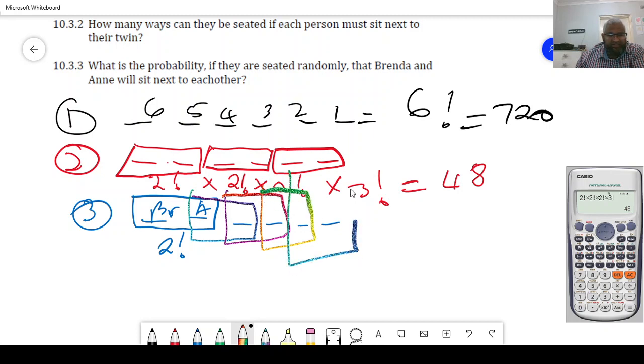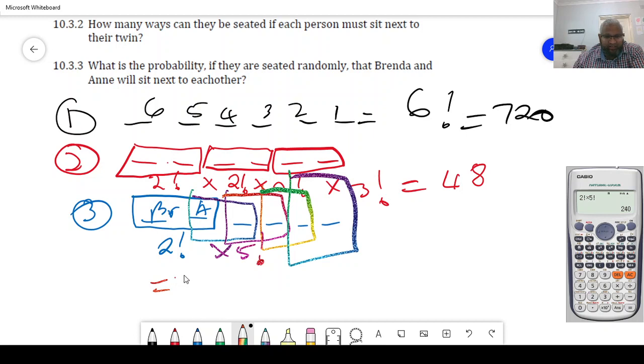Can you see that? So it's having 5 placings. So it's 2 factorial times 5 factorial, which gives us an answer of 240 ways.